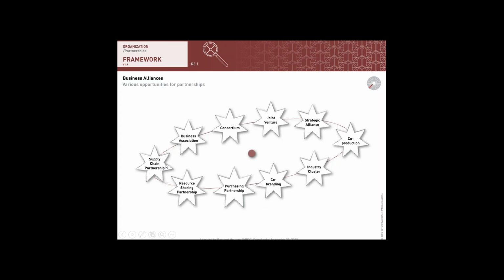But as you grow, you may also be involved in providing supplies to larger organizations and being either a contractor or a subcontractor. You may enter a purchasing partnership with a number of your business colleagues to take advantage of growth discounts. You may join a consortium, and I'm going to talk about each one of these more.